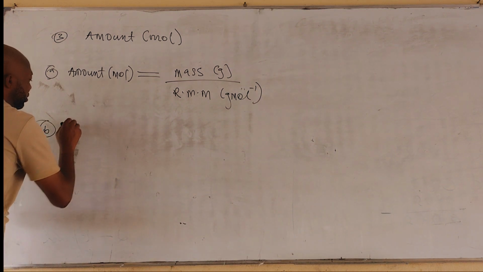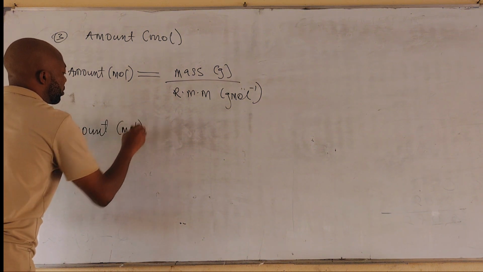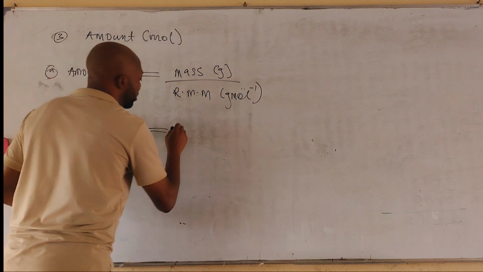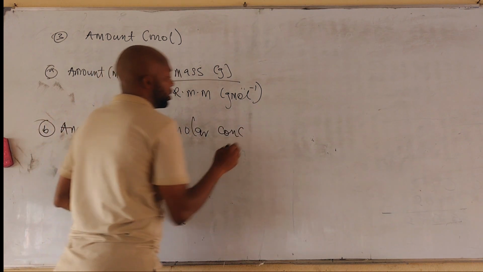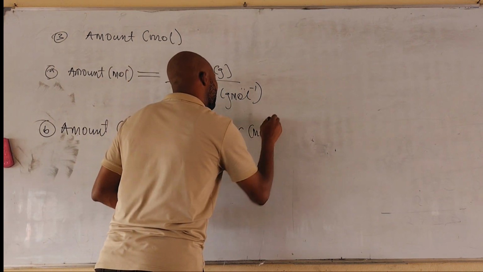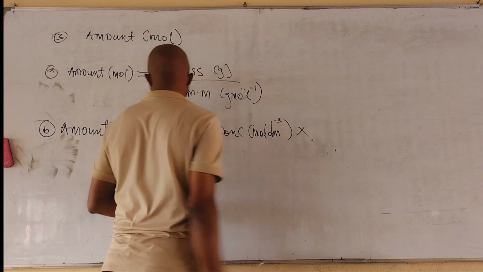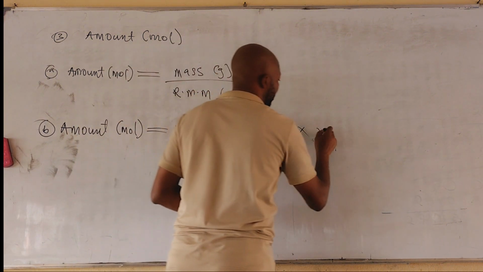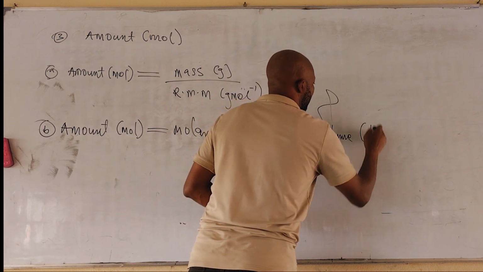B, amount in mole is equal to molar concentration in mole per dm³ times volume in dm³.